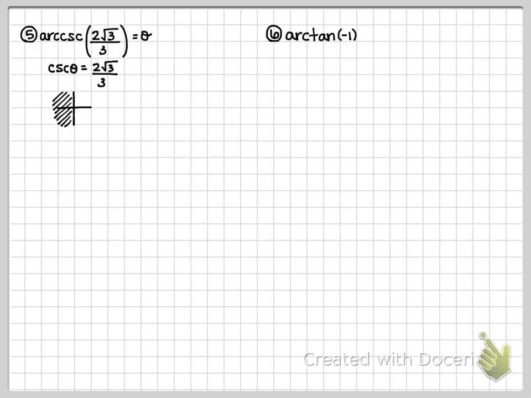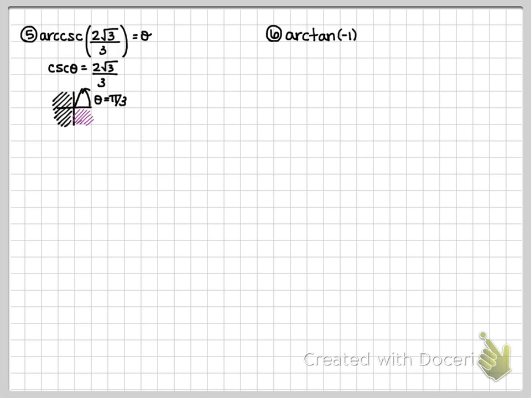Out of these two quadrants, it's not positive down there. I'm not a big fan of cosecant, or of secant or cotangent, but I love the original functions. So if I flipped this over, 2√3/3 would become √3/2 for sine. So I'm looking for a tall sine value. I think that angle is going to be pi/3.